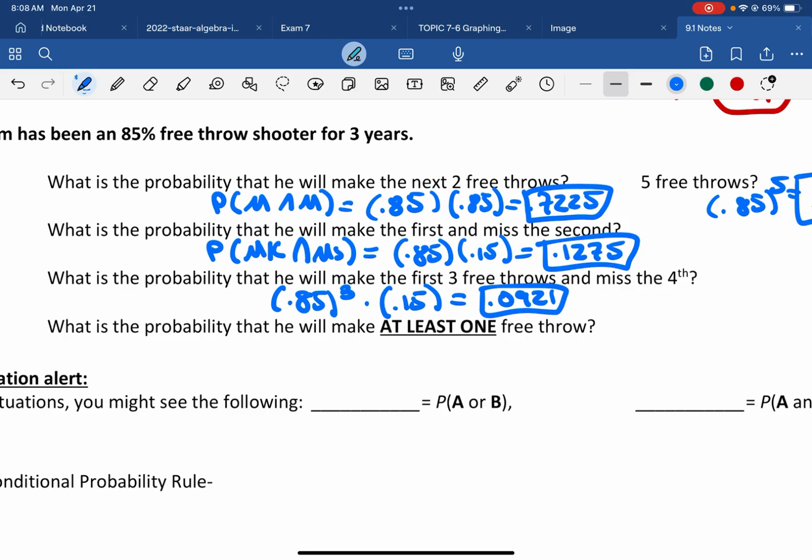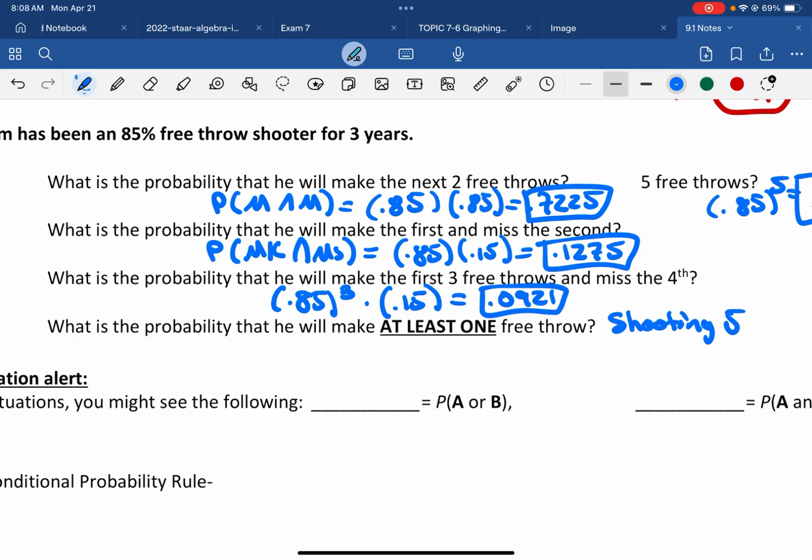Okay, all right, the last one. What is the probability that he'll make at least 1 free throw? Okay, shooting 5, so at least 1. Well, this is extremely difficult, okay? That means he makes 1, or he makes 2, or he makes 3, or he makes 4, or he makes 5. So if we thought about this as straight probability, I would have to find all the possibilities that he makes 1.